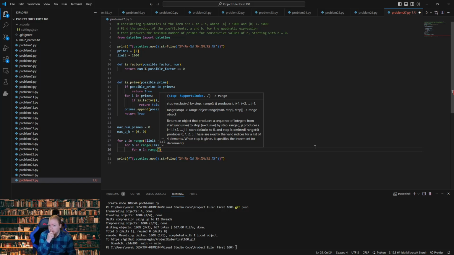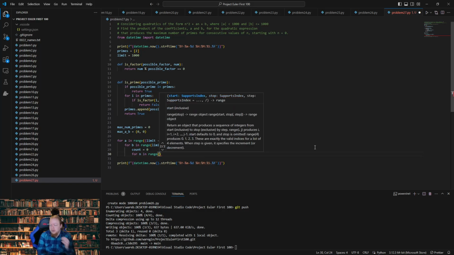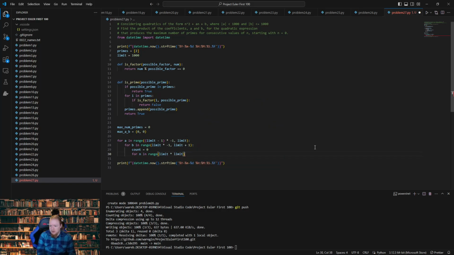But let's see. So for n in range 0, which is the default, so we don't have to type it, and let's do limit times limit, just to cover all of our bases. I don't think we're ever going to get that high.